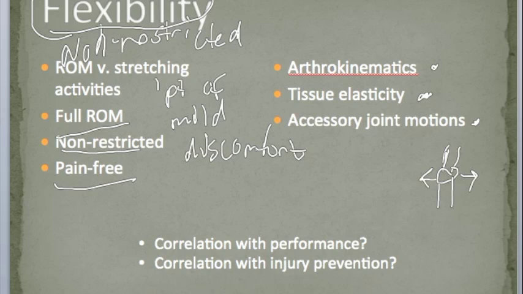Then I want to point out that there is a difference to remember between dynamic and static flexibility. When we're talking about dynamic flexibility, we're asking, is the muscle moving the joint?